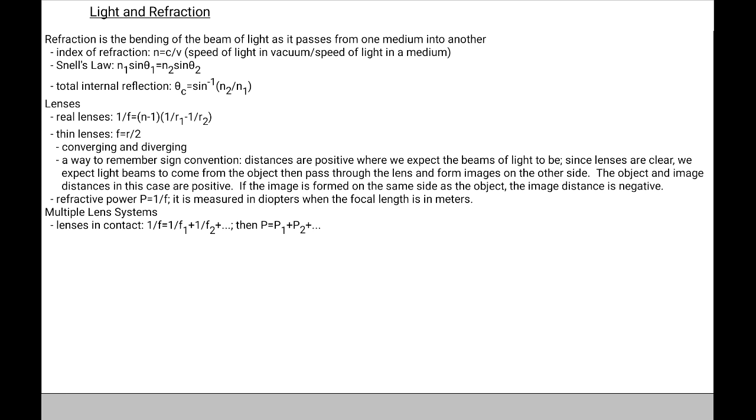So when the lenses are in contact, their combined focal length is 1 over focal length 1 plus 1 over focal length 2 plus, and so on, as many lenses as we have, so that their power just adds. So with our eyes, for instance, there is the refractive power of our actual eye plus the refractive power of a contact lens that we can put on top of it.